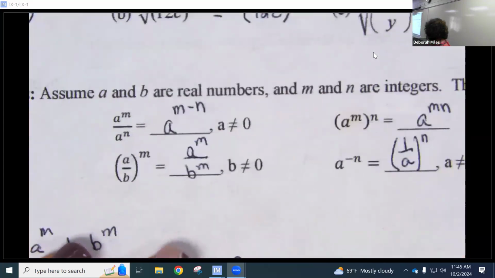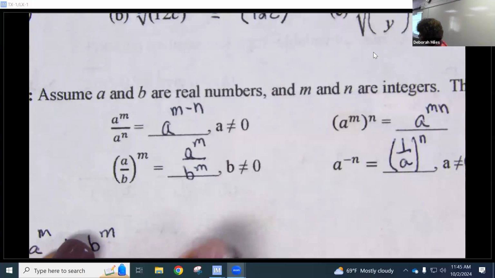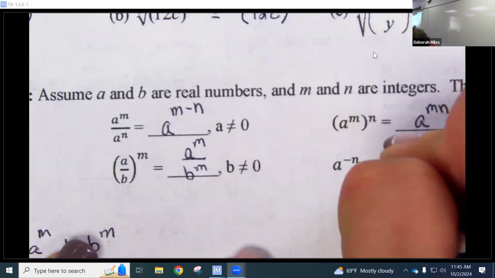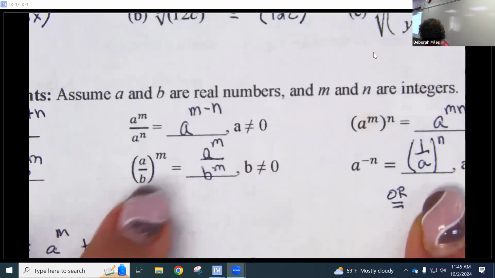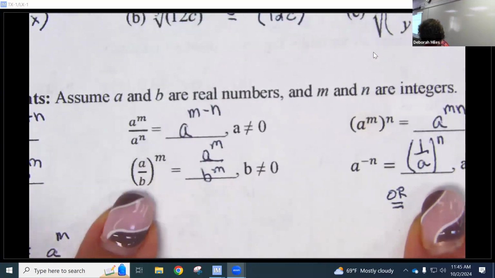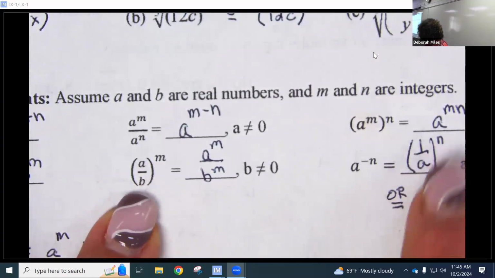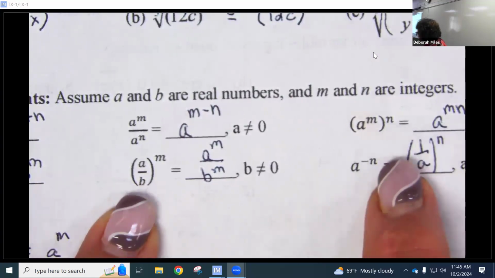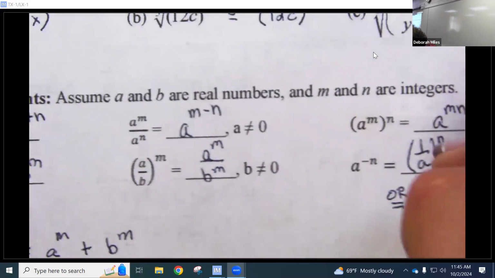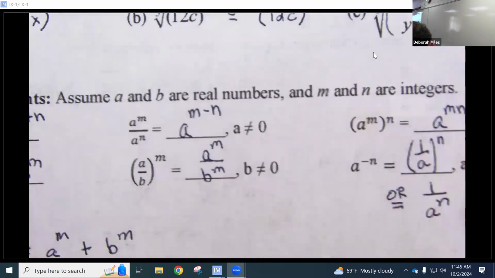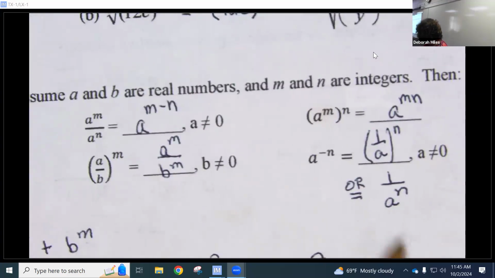Now it's to the positive n. Or if you use this fraction property, and you raise 1 to the n and A to the n, what's 1 to any power? So you could write that as 1 over A to the n. These two things are the same because 1 to the anything is still just 1.